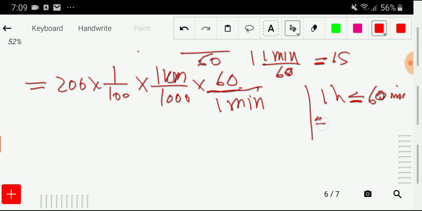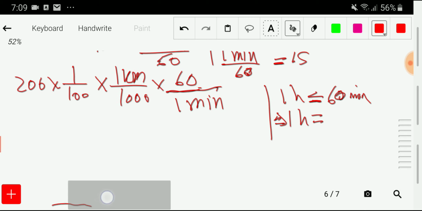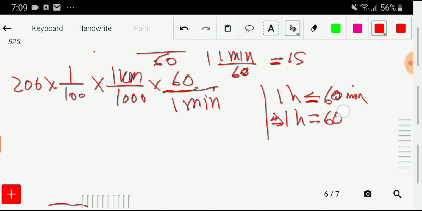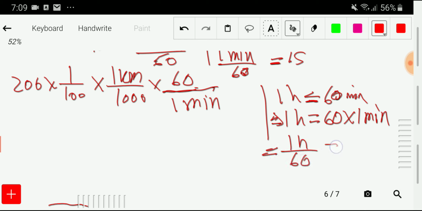So I can rewrite 1 hour equals 60 times 1 minute. From here I get 1 hour divided by 60 equals 1 minute.